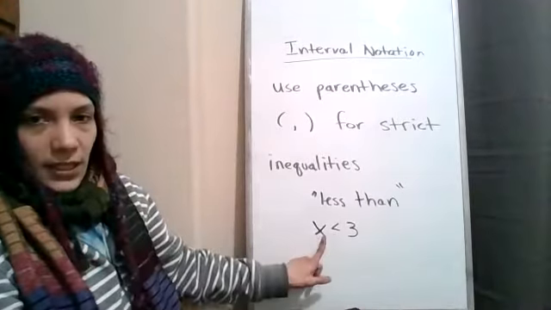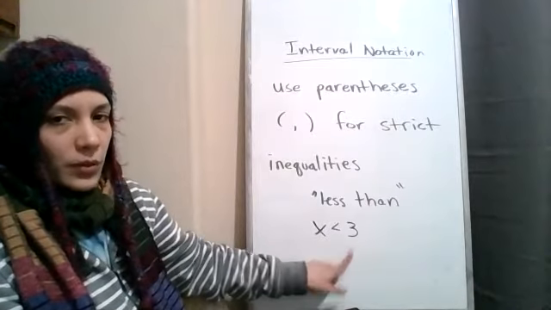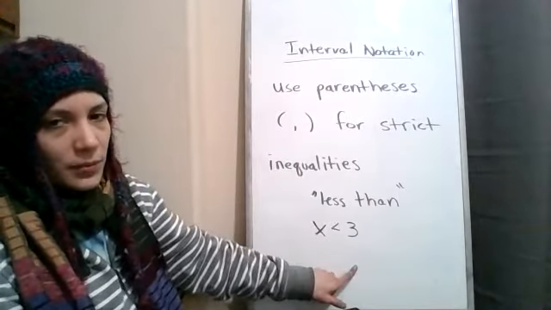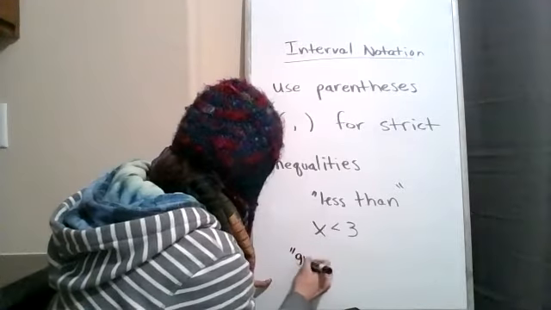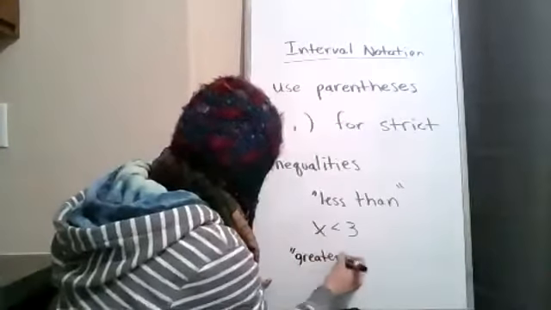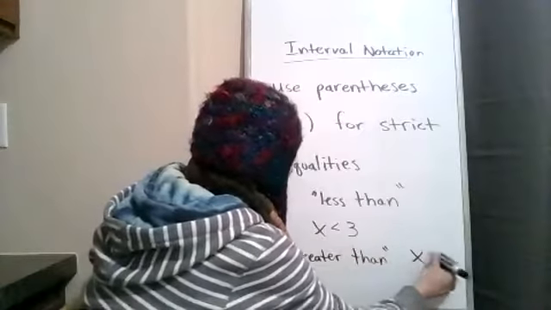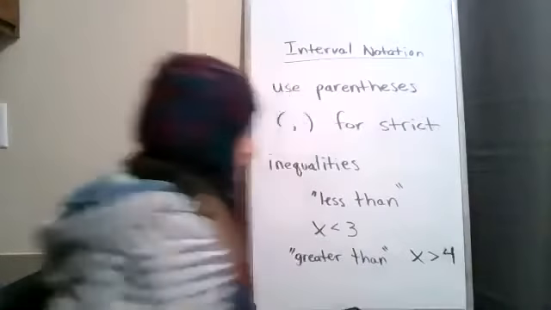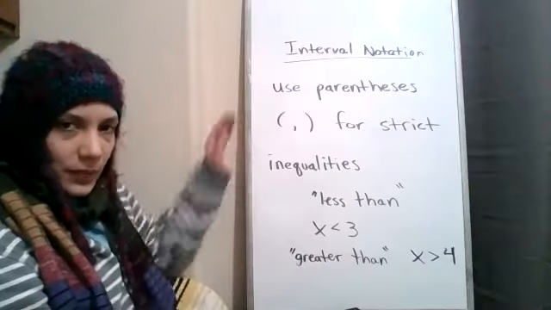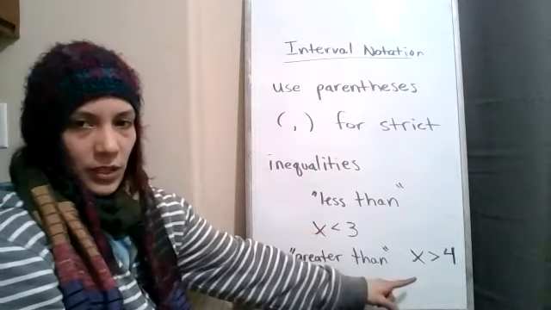So this says x less than 3, which is a strict inequality, or x greater than 4. Okay, now we have the right notes. Parentheses are for when it's just strictly less than or strictly greater than.